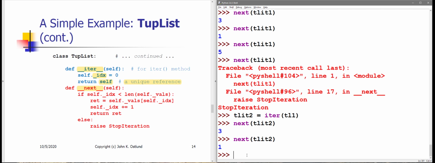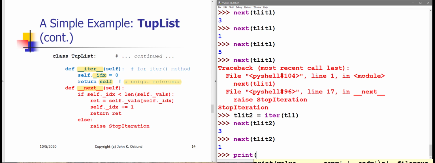More to the point, what I'm trying to do here, the reason for implementing iterables, the reason for implementing the iter function and the next function, is so that my for loop will work.